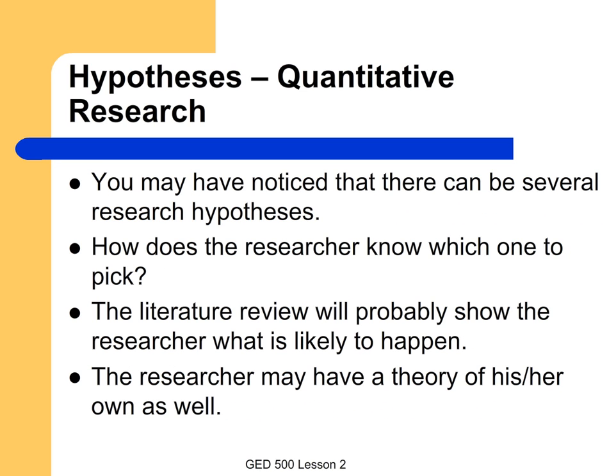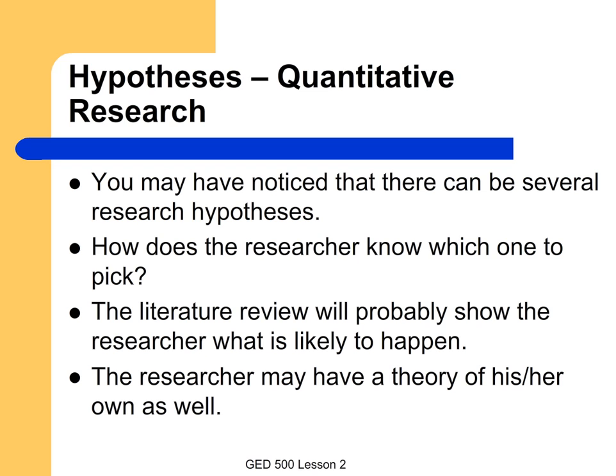Now, you might be wondering that there are several different kinds of research hypotheses that you can take. You may actually want to say that certain things reduce behavior and certain things increase behavior, right? So how do you know which one to pick for a particular area of study?